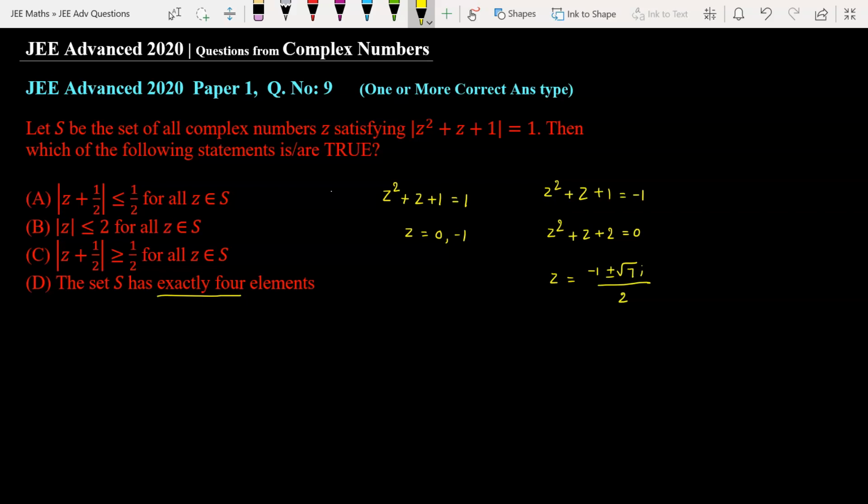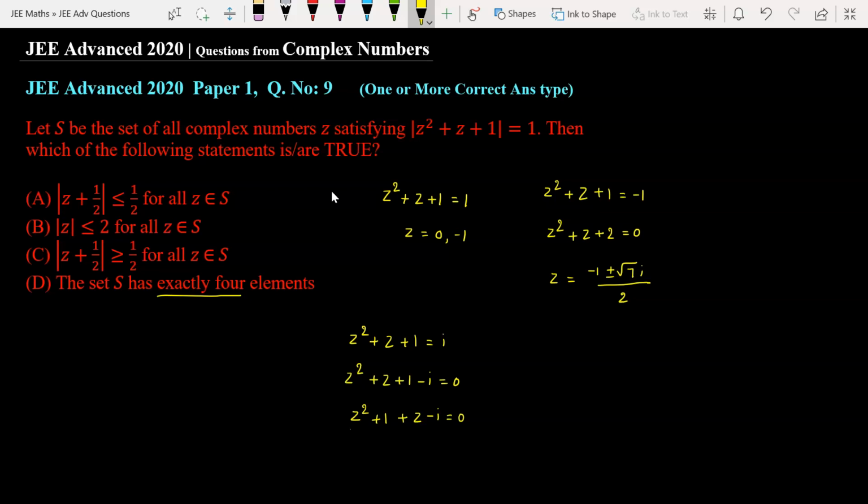Now apart from this, z square plus z plus 1 can be iota as well, because we know the modulus of iota is 1. So take z square plus z plus 1 is equal to iota. Solving this, bring this iota to the LHS: z square plus z plus 1 minus iota equals 0. Now we can factorize this. We have z square plus 1 plus z minus iota equal to 0.